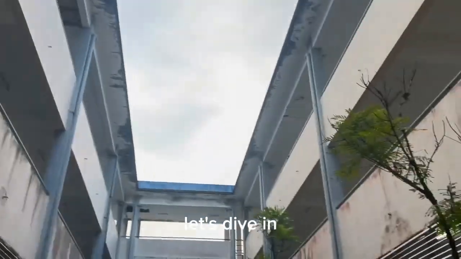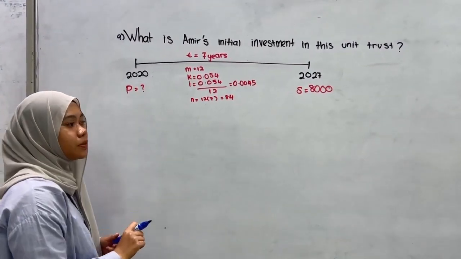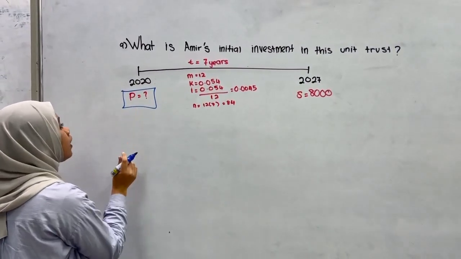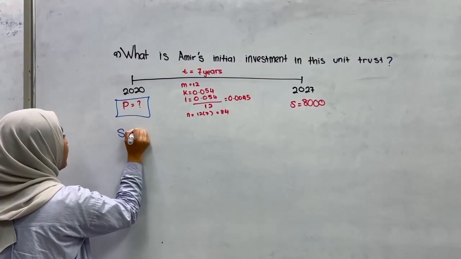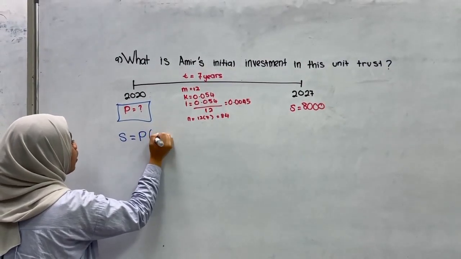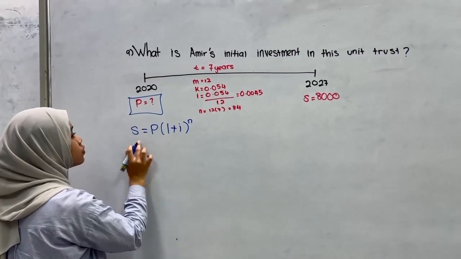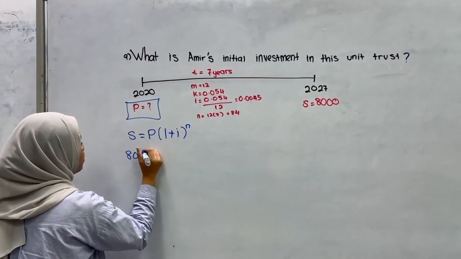Let's dive in. So our first question will be, what is our initial investment in this unit trust? So we want to look for the value of P. In order to look for the value of P, we need to use the formula S equals P times (1 plus I)^N. As given here, just insert your numbers.